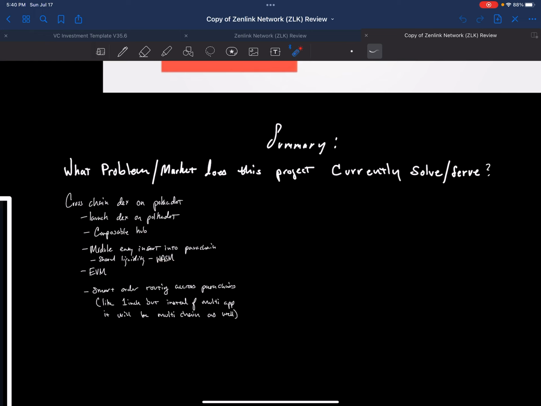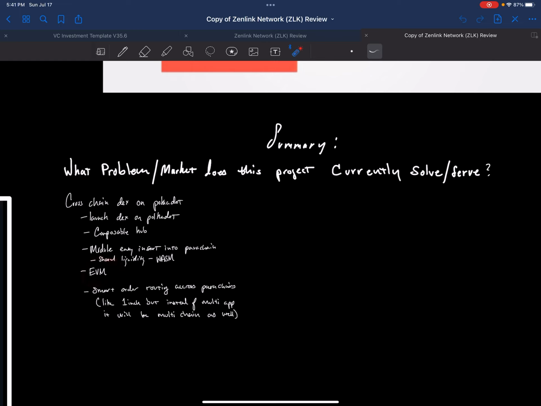Modules are easy to insert in the parachains, and they will have shared liquidity, shared WASM. It has WASM capabilities from their partnerships, etc. So if you're a developer, you could connect your app through the WASM interface. You can develop an application that plugs into their APIs and modules, or build your own toolkits into their ecosystem.